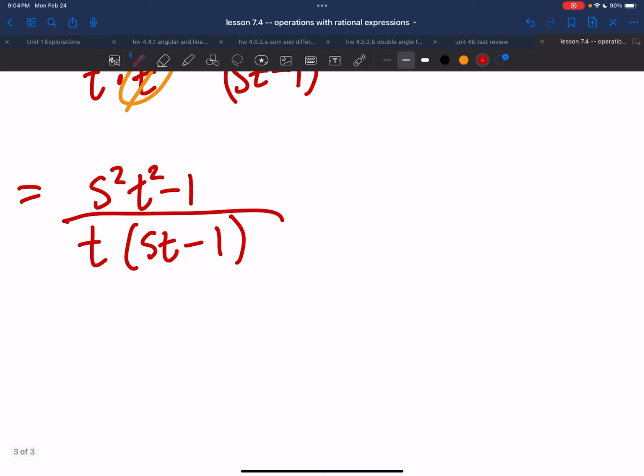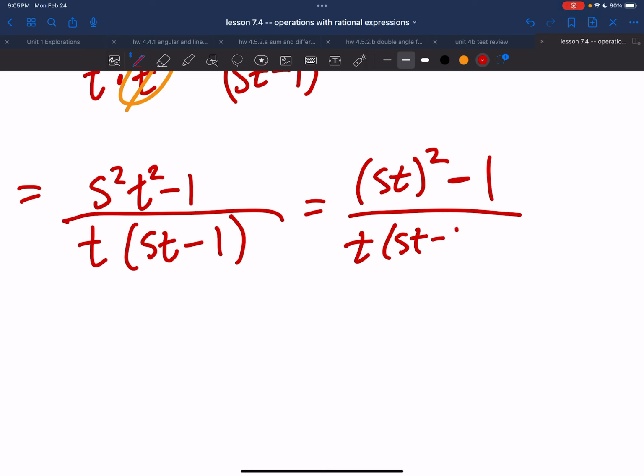And it comes from the s squared t squared part. You see, s squared t squared is the same as st quantity squared. Why is this notable? Well, because that means you could rewrite it as st quantity squared minus 1 over t times st minus 1.